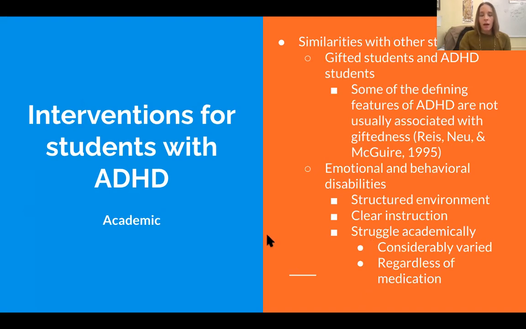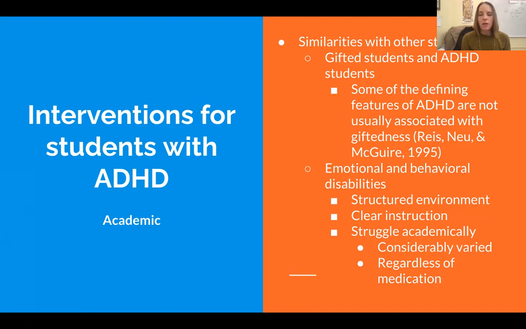And then there are some academic interventions for students with ADHD. So something that we should note is that there are some similarities between students with ADHD and also gifted students. However, some of the defining features of ADHD are not usually associated with giftedness. That information did come from one of our outside sources, so you can see that I've cited it there.